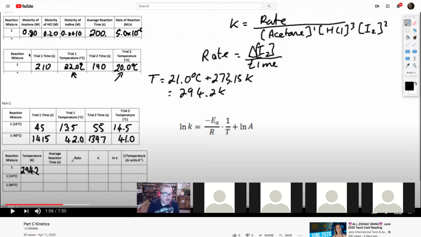But you're also using the time as one of your points from reaction mixture 1, which is at around 20 degrees or so. And then you've got these other ones that are at 14 and 40. So that makes up the 3 points. And those are the 3 temperatures you're using. That temperature, or the average of those temperatures, 14 degrees and 40 degrees, or whatever they happen to come out to be down here.